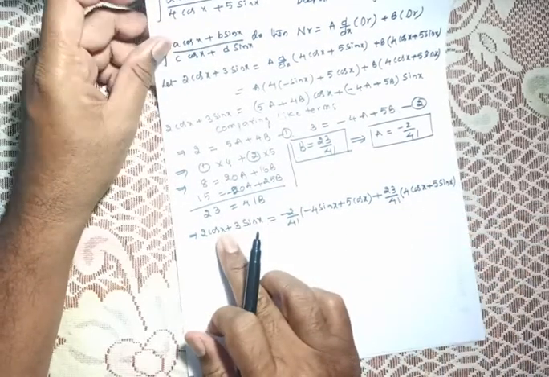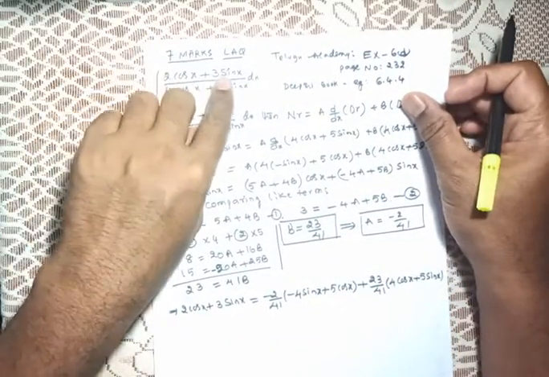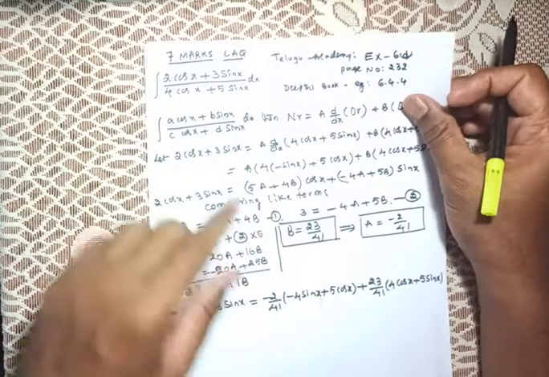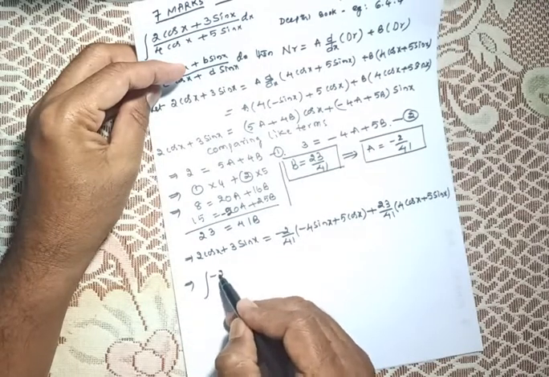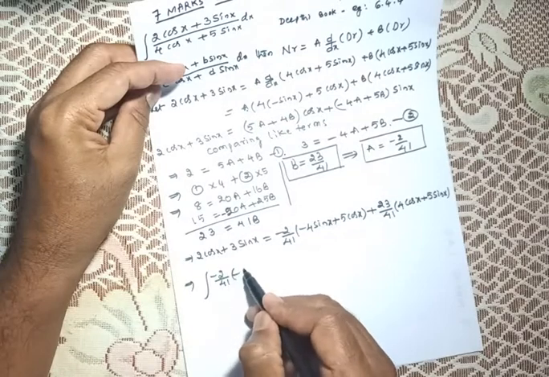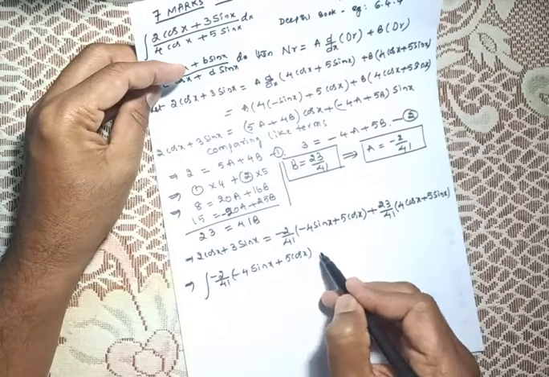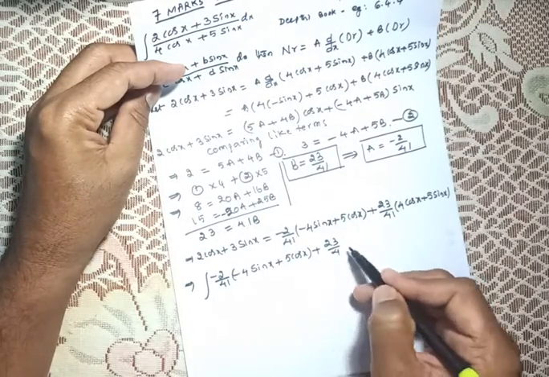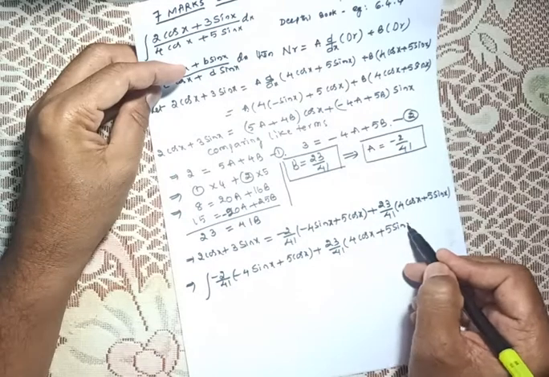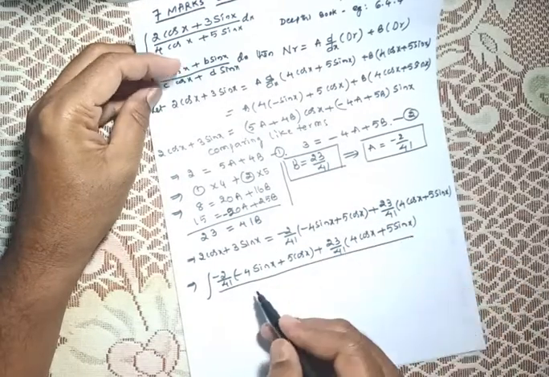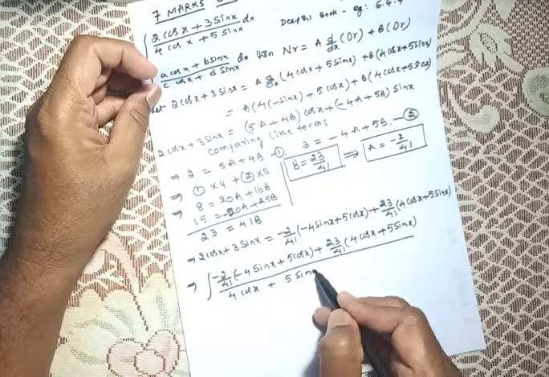Replace this numerator in the given question. The given question becomes the integration of [minus 2/41 times (minus 4 sin x + 5 cos x) plus 23/41 times (4 cos x + 5 sin x)] divided by (4 cos x + 5 sin x) dx.